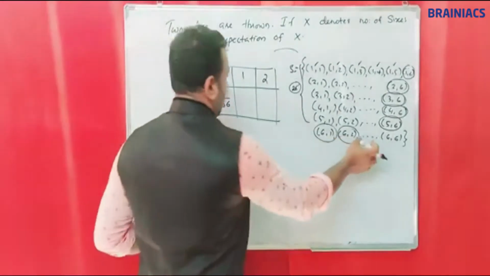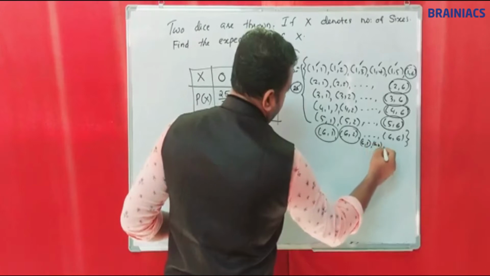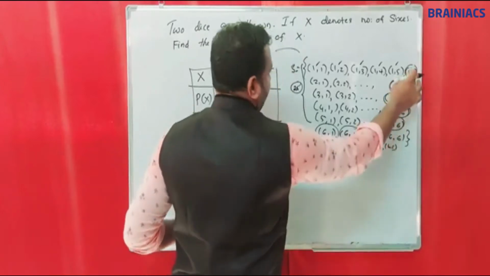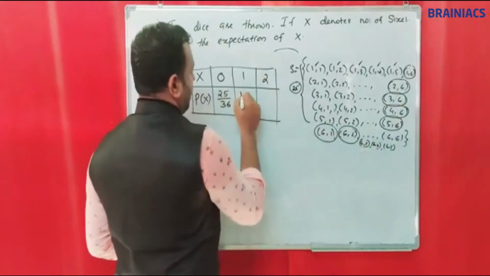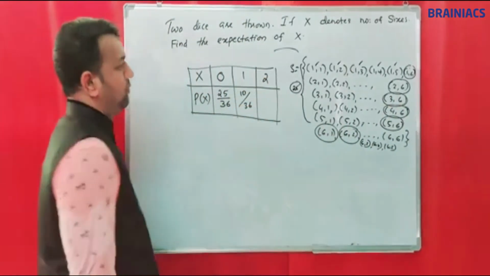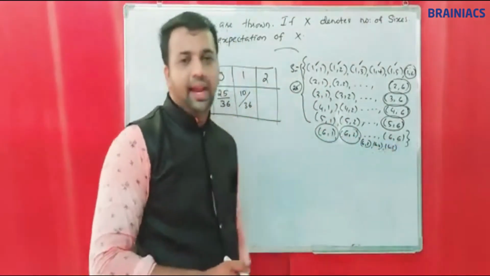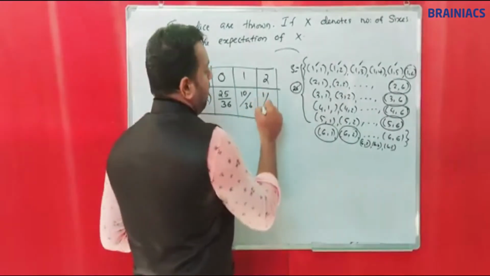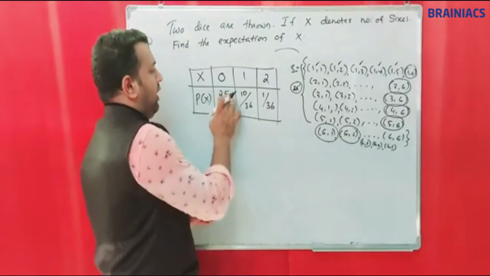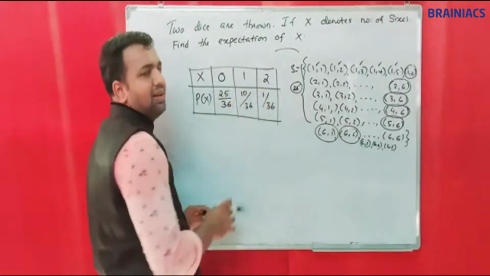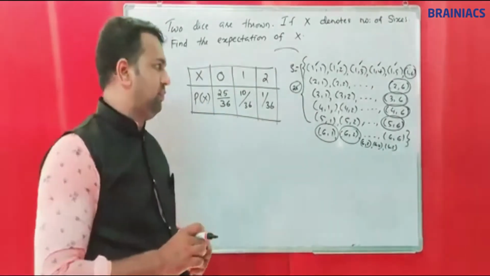So total cases 10, the probability is 10 by 36. And for the number of 6s equal to 2, there is only one case, 6,6, so the probability is 1 by 36. The sum of probabilities is always 1: 25 plus 10 is 35, 35 plus 1 is 36, and 36 by 36 is equal to 1.